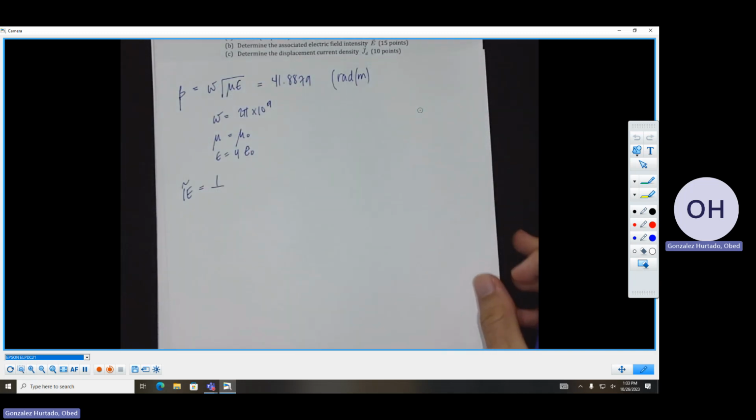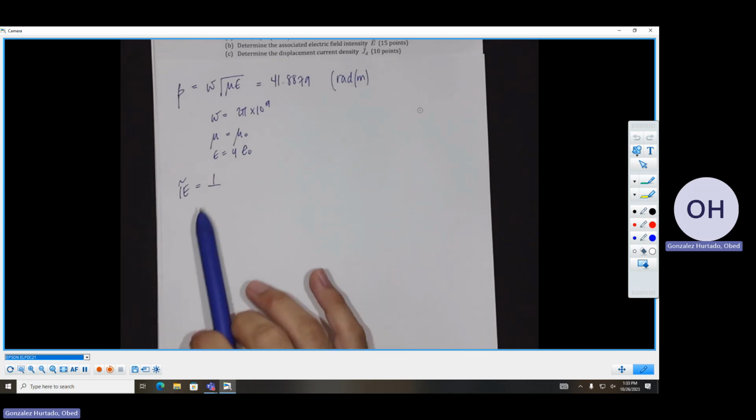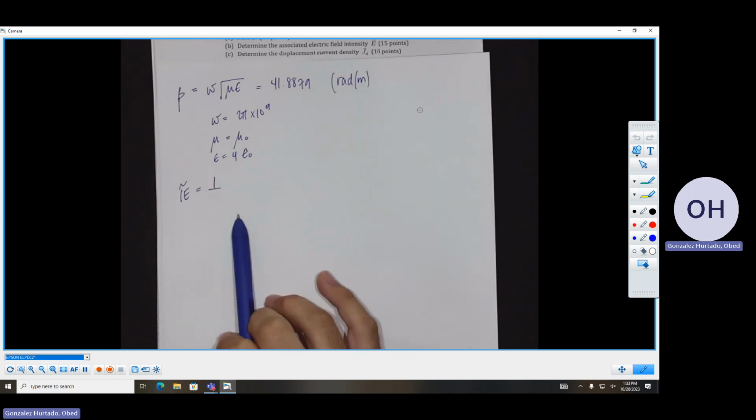For this exam, you can use the one in chapter 6. For the next exam, I would probably use the equation that's given in chapter 7 to relate the electric field to the magnetic field. This one you can use anytime.